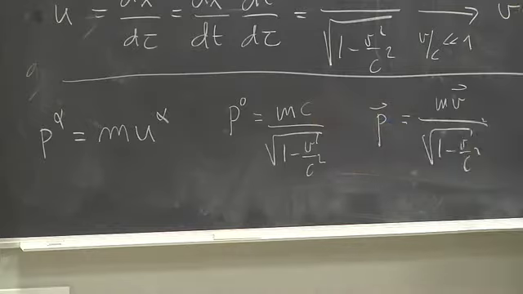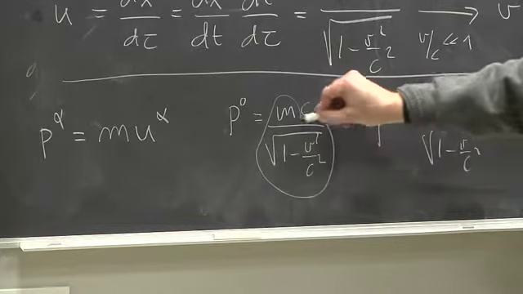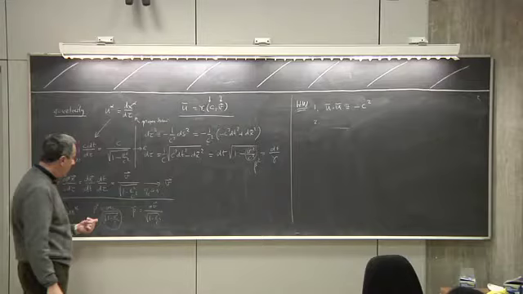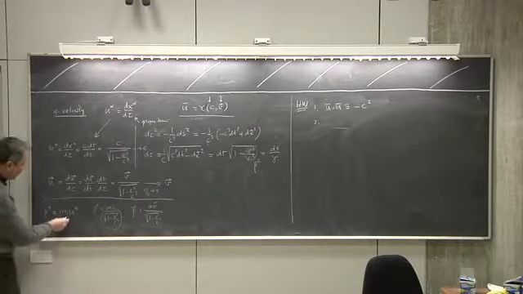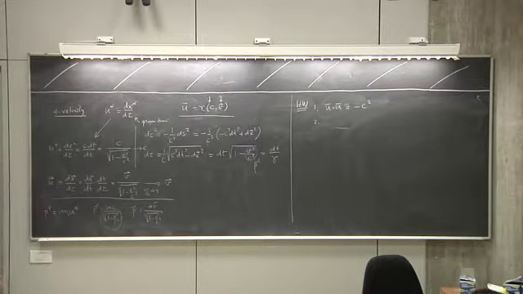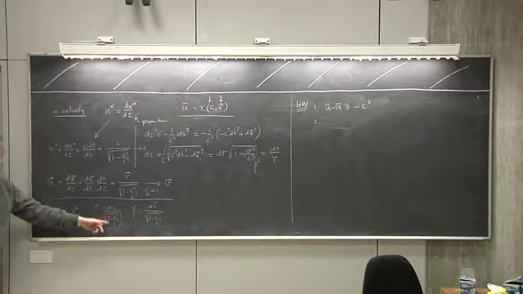Now, this quantity here, in really old books, is called the mass, and then this is called the rest mass, meaning the mass measured by the observer. So if I measure my mass, that's my rest mass. Then if I start moving and somebody is measuring that mass, that is this mass here.